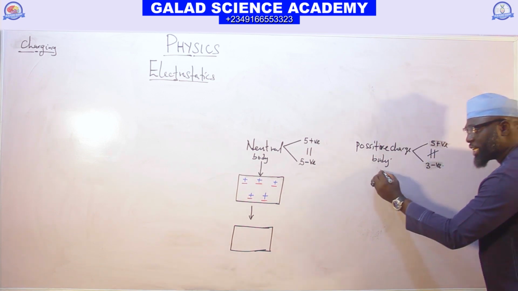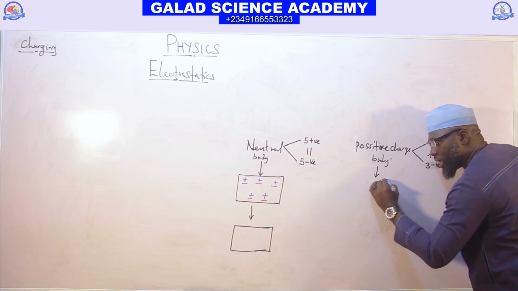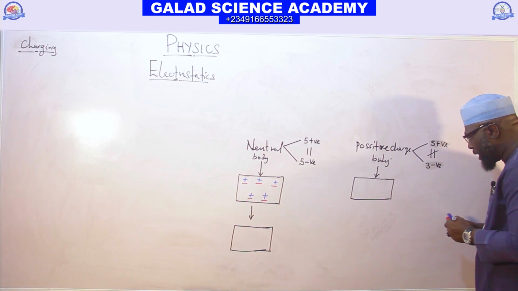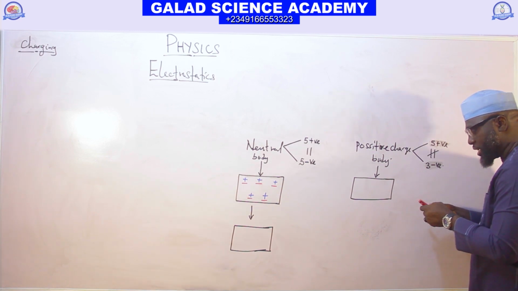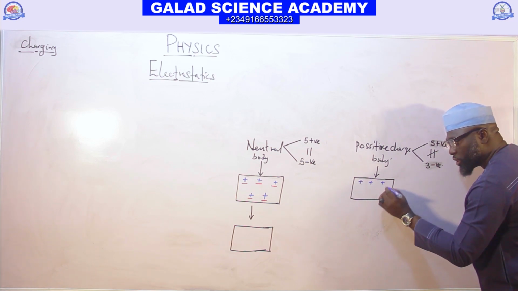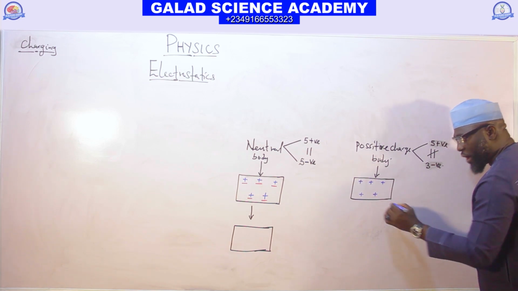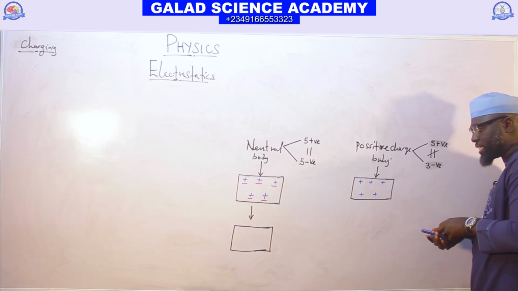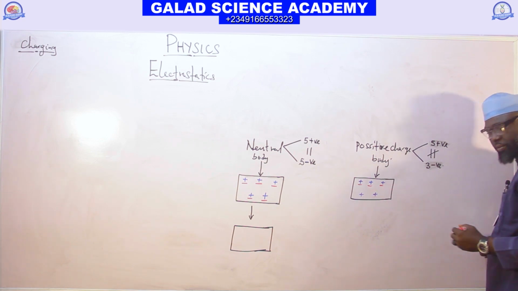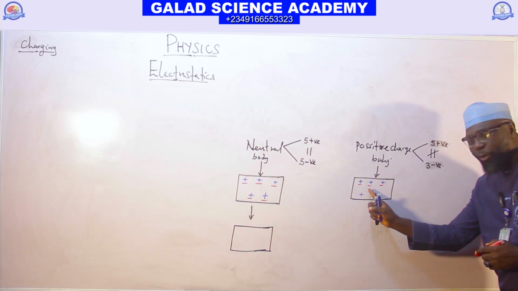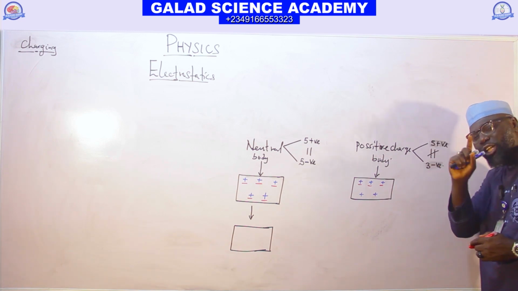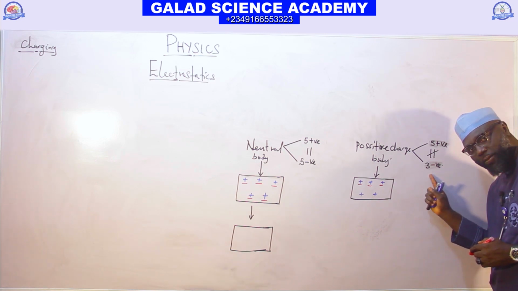So by drawing this body now, you will have it in this form. We have how many positive charges? 5: 1, 2, 3, 4, 5. Good. We have how many negative? 3: 1, 2, 3. We can see that in this body, the magnitude of positive charge is not the same as the magnitude of negative charge.